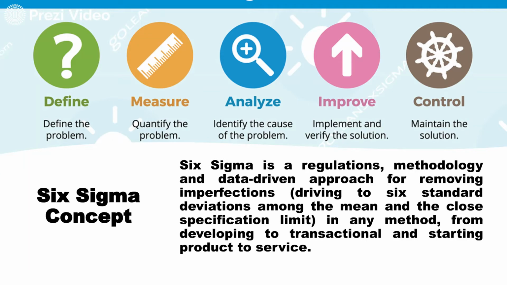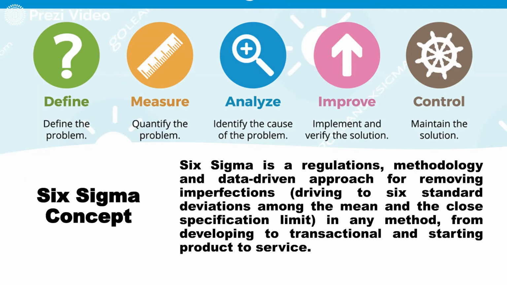Six Sigma is a regulated methodology and a data-driven approach for removing imperfections. As I have told you earlier about the deviation part, about the defect, the ultimate aim of understanding the Six Sigma concept is to remove the defects and deviations in the product so that you can ultimately satisfy the consumers, build consumer satisfaction, and definitely improve the reputation of the company.